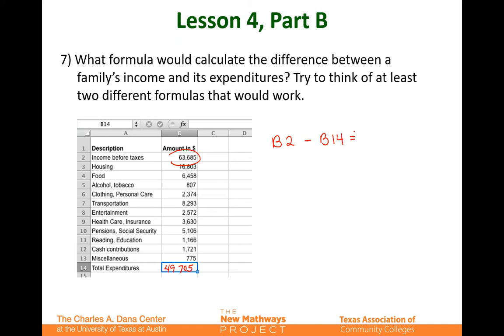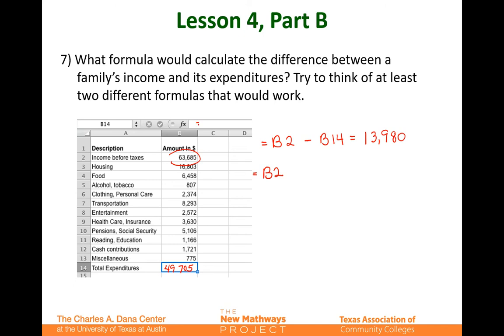If we filled in the numbers, 63,685 minus 49,705, you can see that this budget has $13,980 left for savings. The longer formula would be B2, and remember, we would start these with equal signs if we were actually typing them in.